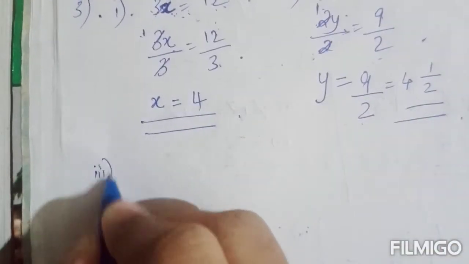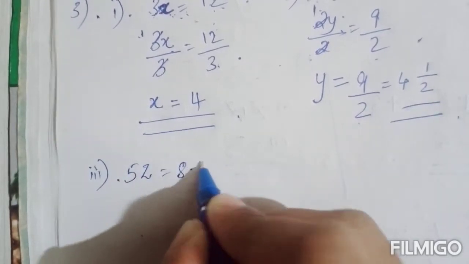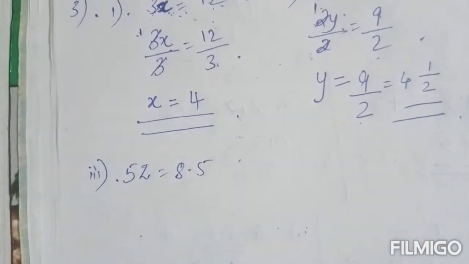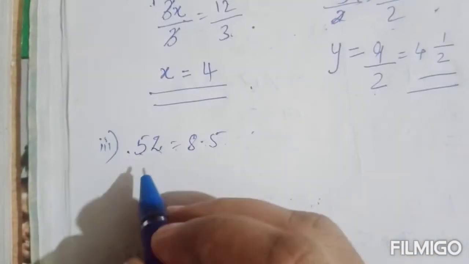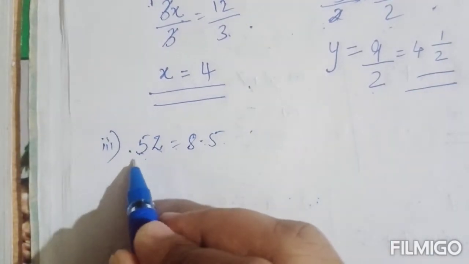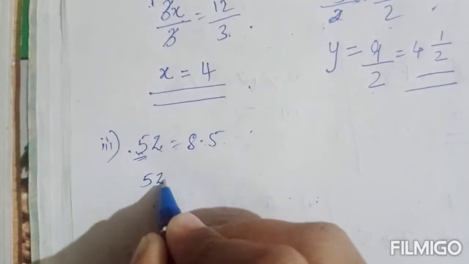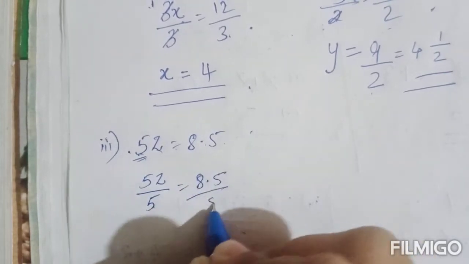Next, the third one: 5z equal to 8.5. So here 5 into z equal to 8.5. So we can divide both sides of the equation by 5. Okay, 5z by 5 equal to 8.5 divided by 5.